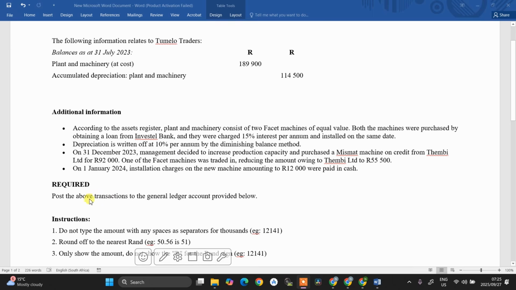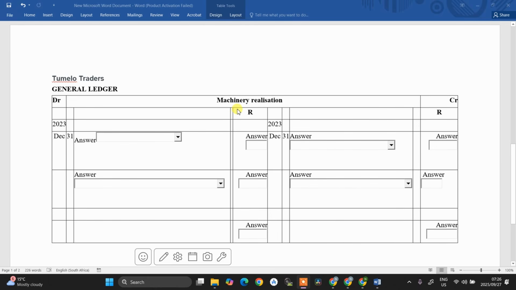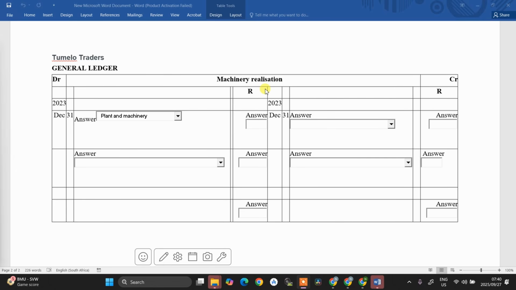The question is, post the above transaction to the general ledger account provided below, and they give us the machinery realization account. I think it is very important that at this point we really try to picture what is happening.